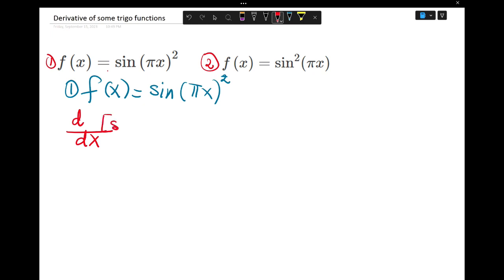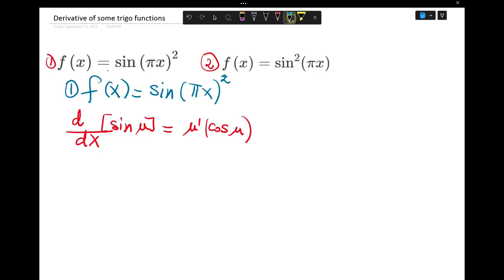If you have the derivative d of sine of u over dx, the result is going to be u prime times cosine of u.